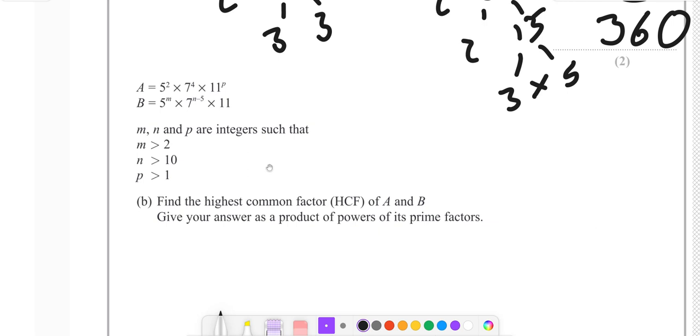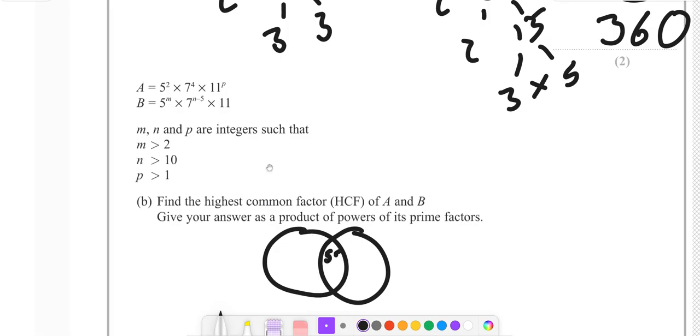So we're doing the highest common factor, so we're doing what's in the middle. Well, if m is bigger than 2, then there's definitely going to be two 5s in the middle. If n is bigger than 10, then there's definitely going to be four 7s in the middle, so 7 to the power 4.